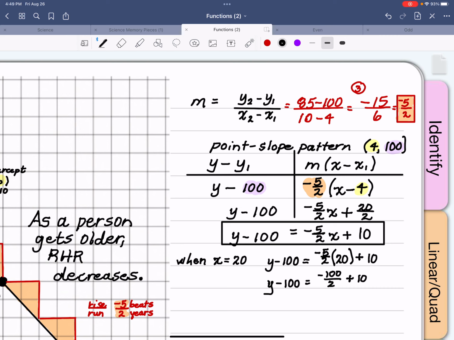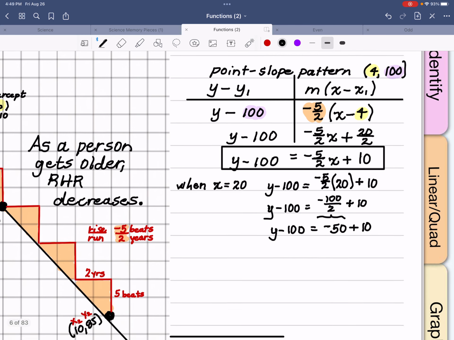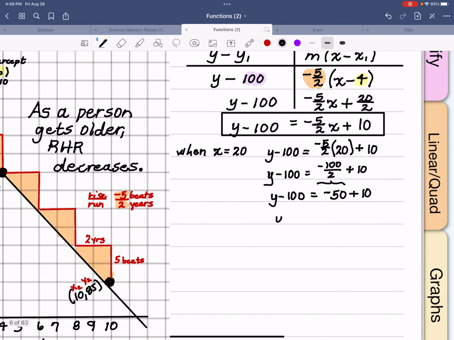Y minus 100 equals negative 50 plus 10. Y minus 100 equals negative 40.